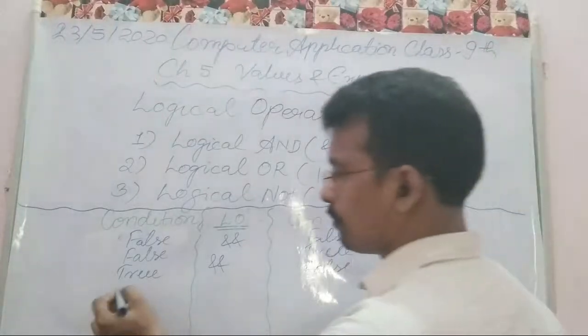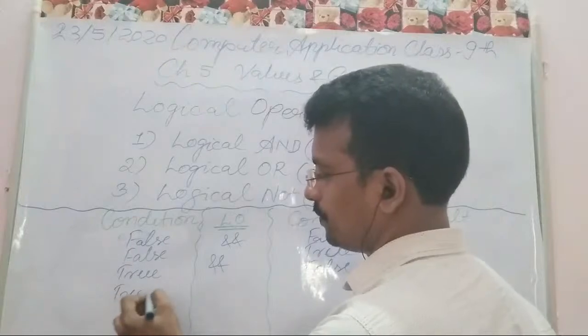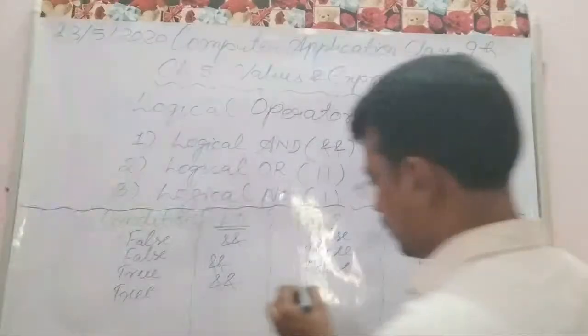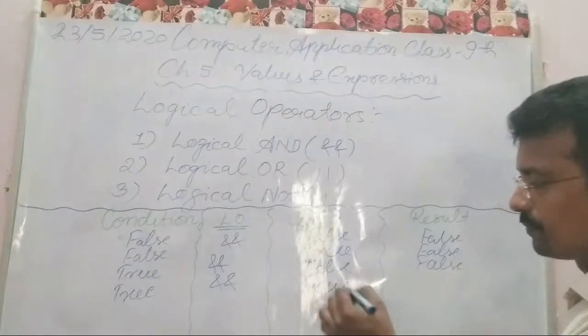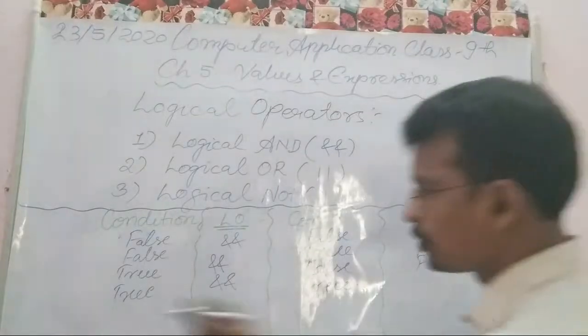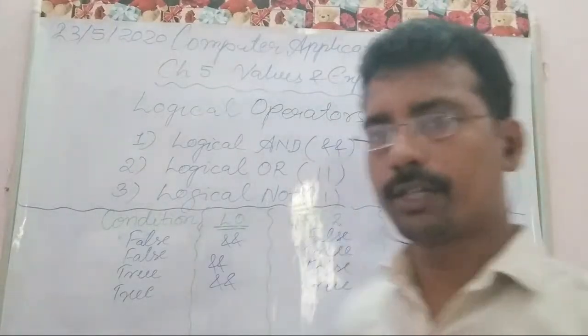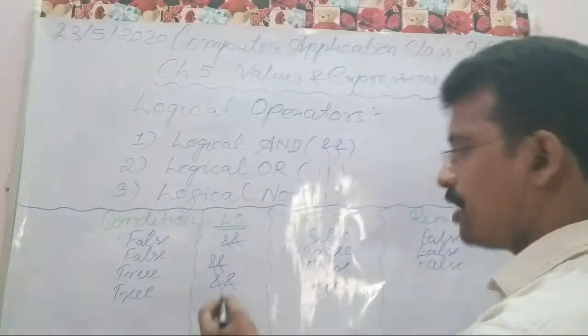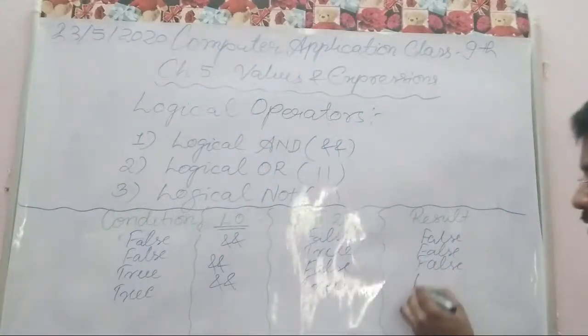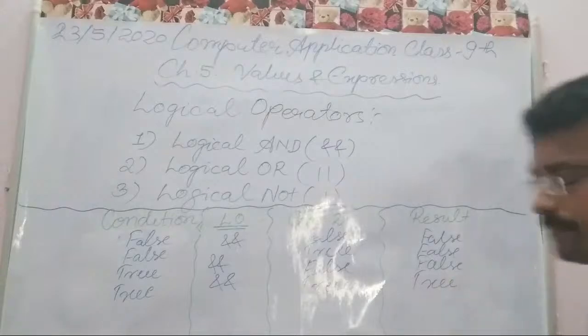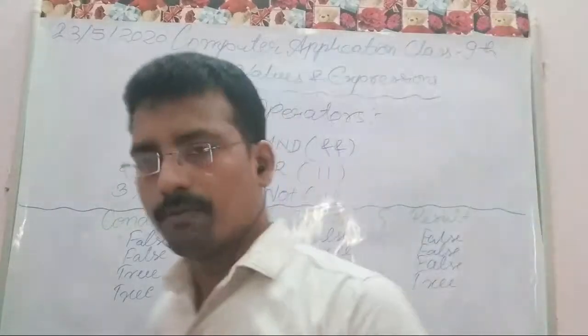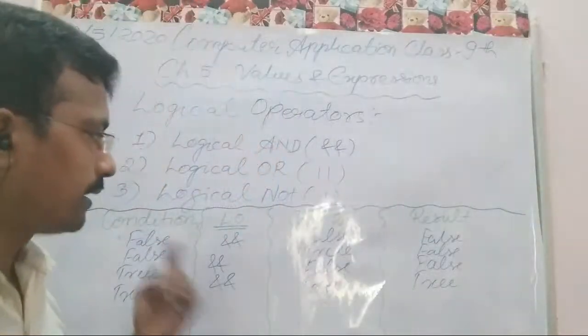Next, suppose the first is true and the second is also true. When both are true, it is the only condition when the AND operator will produce a true result. So you come to know how we will write the condition.